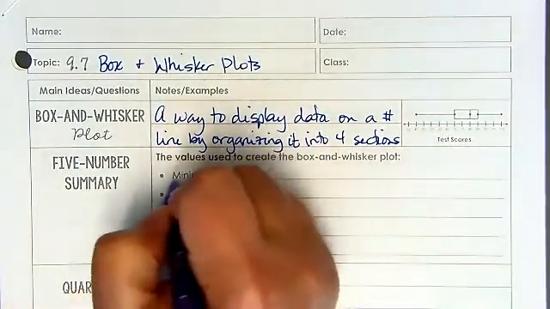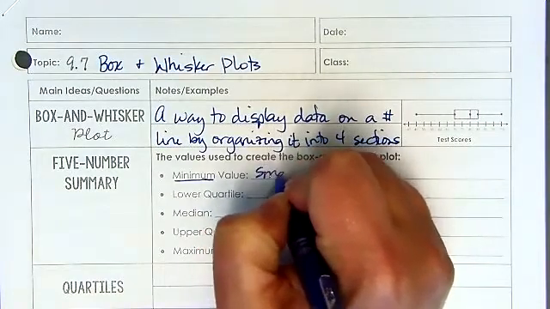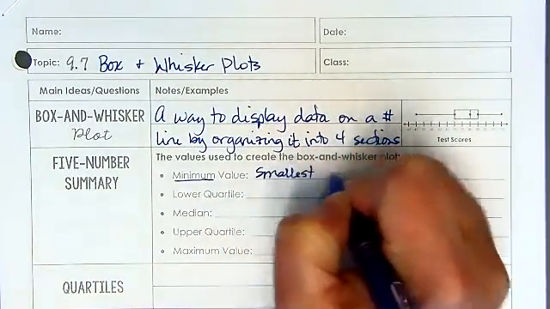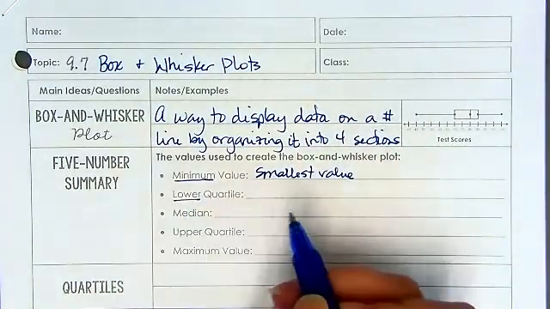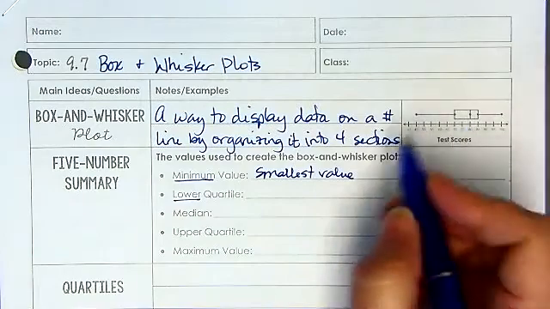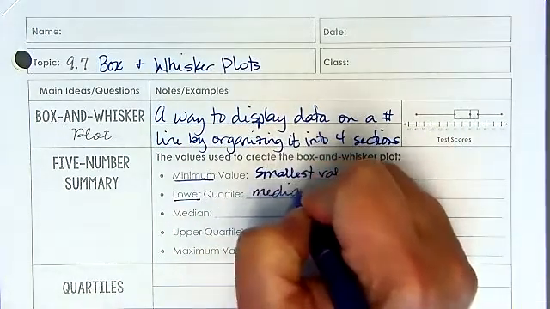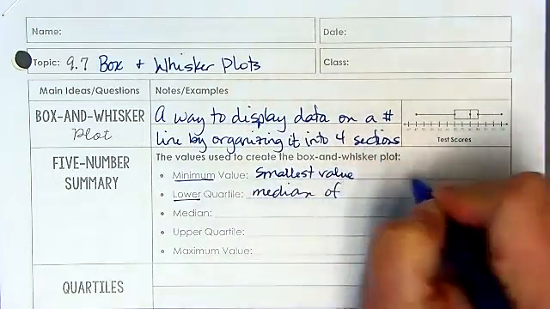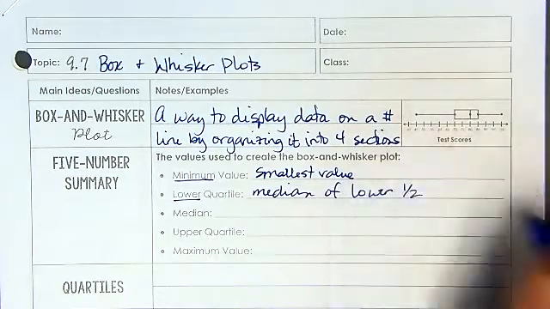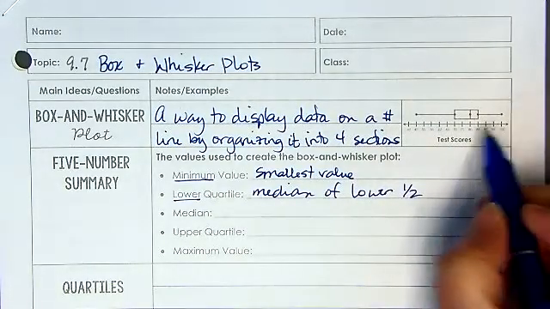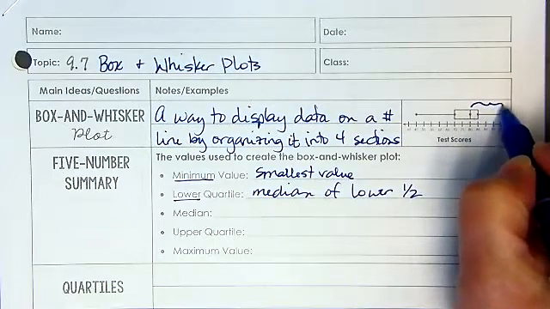The minimum value is the smallest value. The lower quartile is the median of the lower half. Okay, so the lower half is this part here.